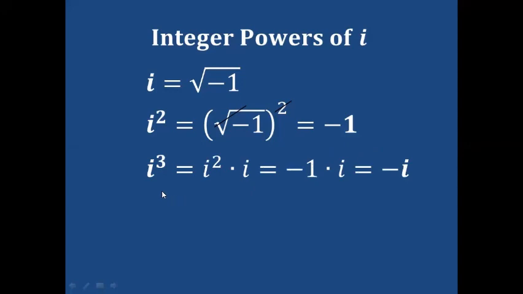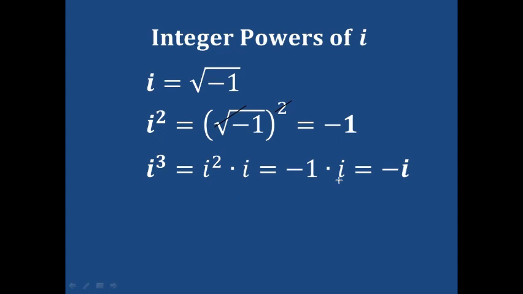Next, let's consider i cubed. We can use a property of exponents to rewrite i cubed as i squared times i. And we already know that i squared is equal to -1. So we can substitute -1 for i squared.